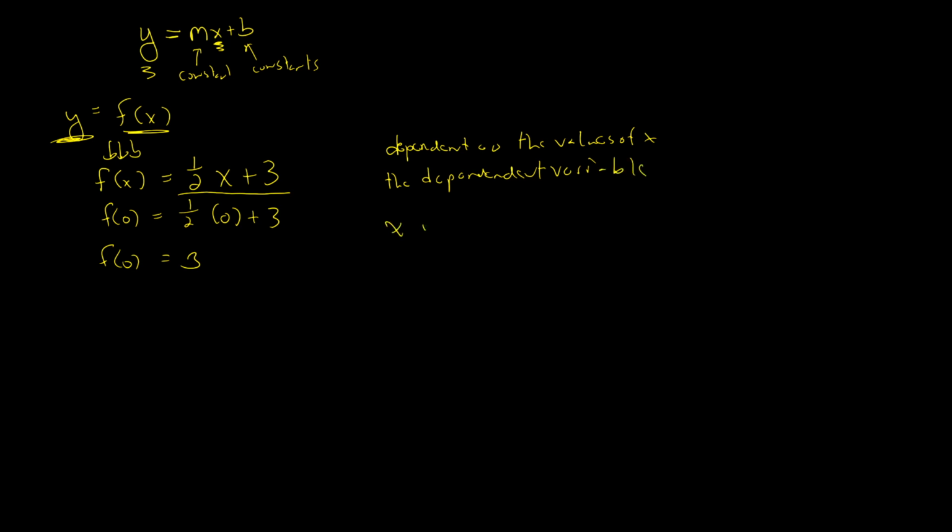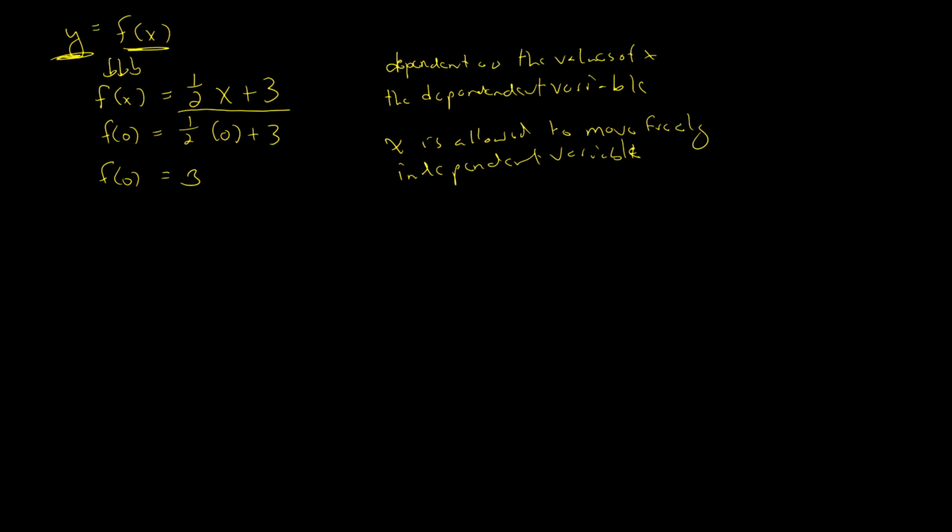And x is allowed to move freely, so we call it the independent variable. And when we plot these things, we plot them on an xy axis, where x runs across the horizontal and y runs on the vertical.